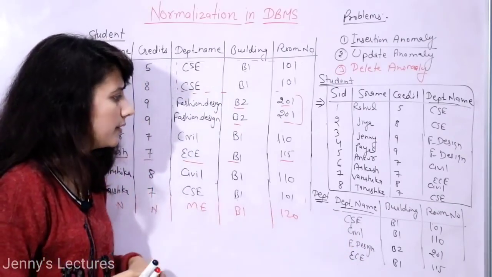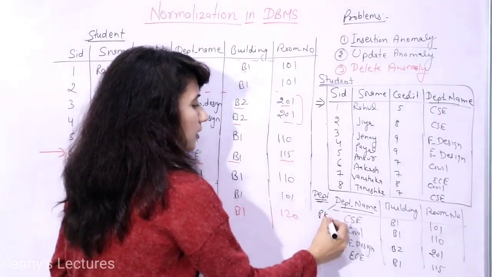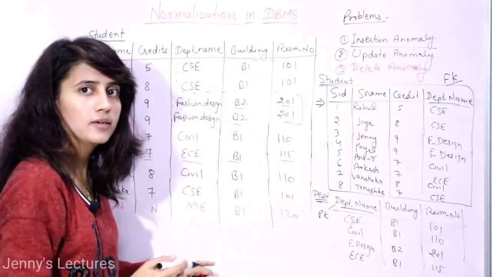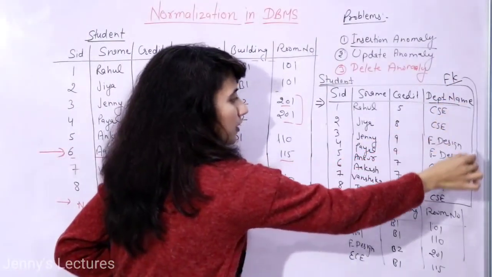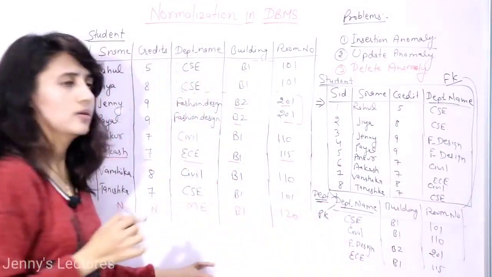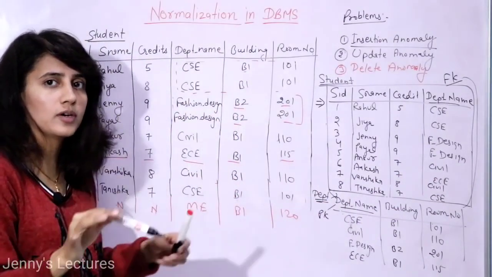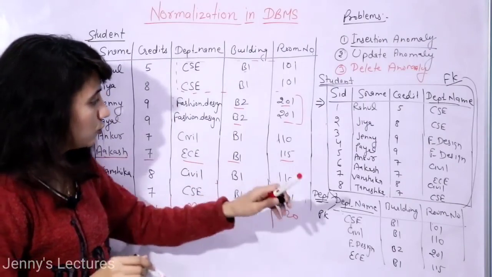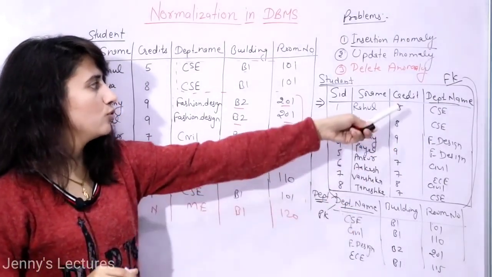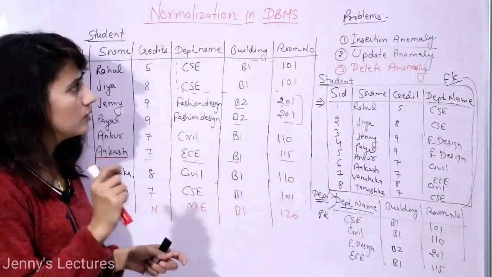Fine. Now see, department name is primary key for this relation. So now this department name would be foreign key, right? This department name will be referring to this primary key in this table, right? I'll discuss in detail what is foreign key, but here you can directly see that to establish the relation between this and this, we are going to use department name. So department name is what? Foreign key.